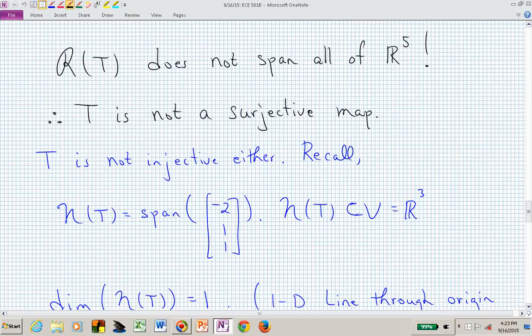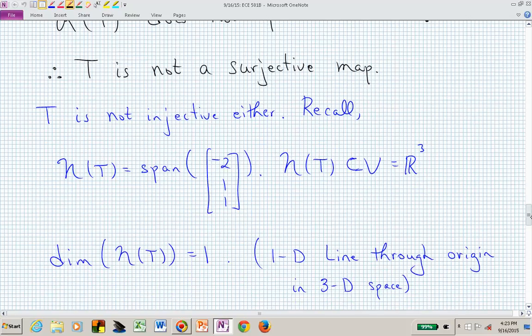But here, what's the null space? It's now spanned by any linear combination of -2, 1, 1. And that is a subspace of R3. It's not all of R3. This is just a line in R3.